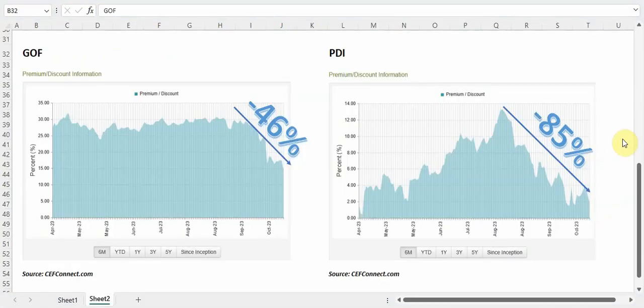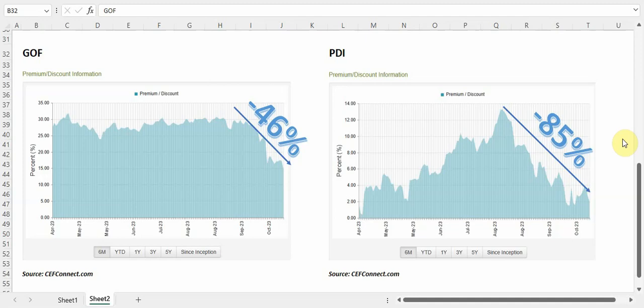Now, since both funds, GOF and PDI, heavily rely on their ATM facility to help make their distributions, premiums are going to play a significant role in the fund's ability to raise funds. PDI's premium has always been rather volatile, as you can see in the 6-month graph on the right, as opposed to GOF's, which has been fairly stable for a considerable amount of time until just recently.